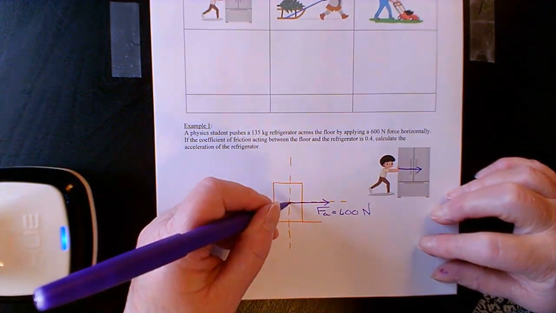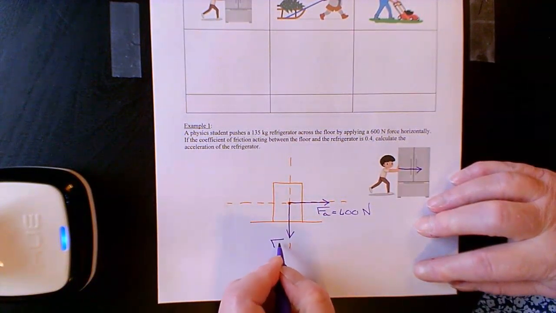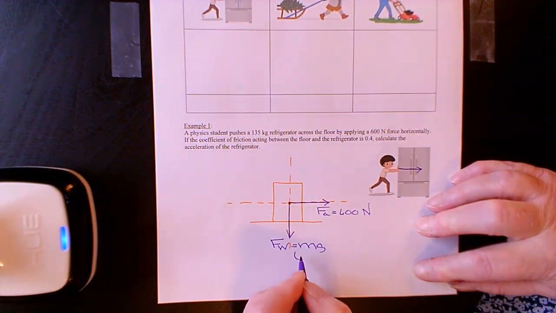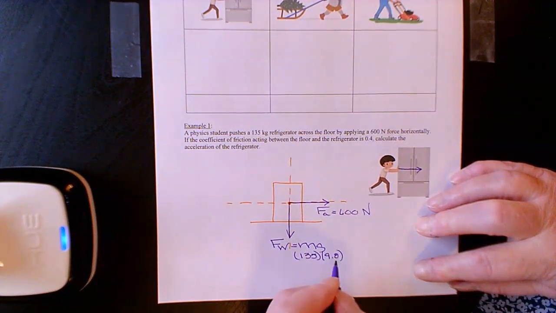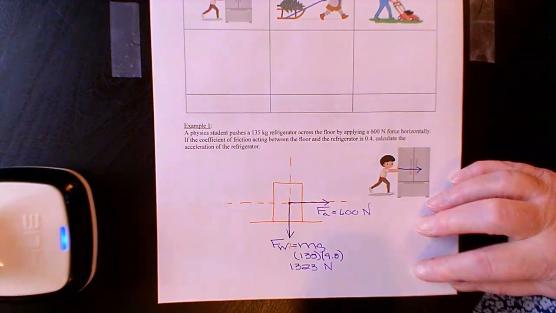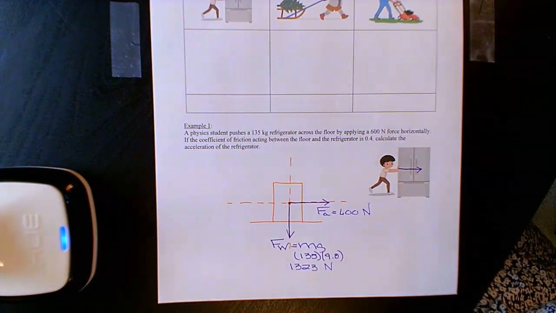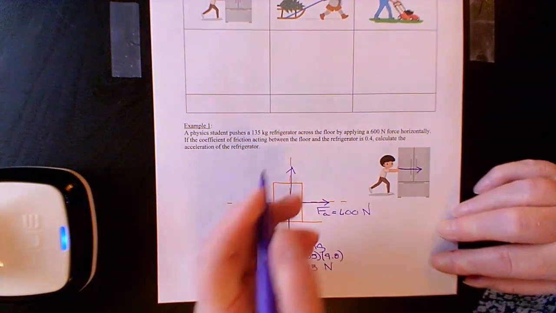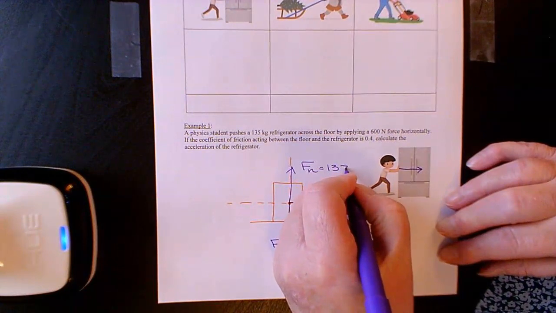The refrigerator also has a gravitational force, or a weight, and the weight is equal to mg, and the mass is 135 times 9.8, so that is 1323 newtons. So the refrigerator pushes onto the floor with a force of 1323 newtons, which means the floor pushes back with the normal force of 1323 newtons.